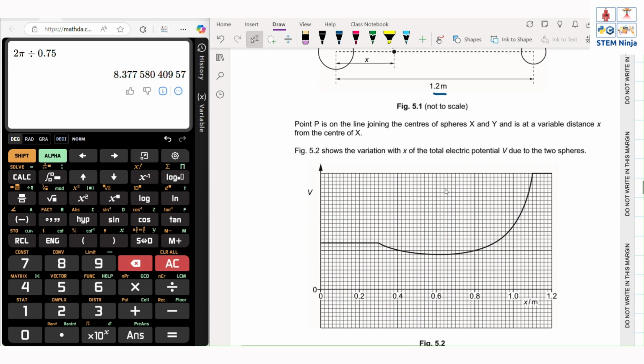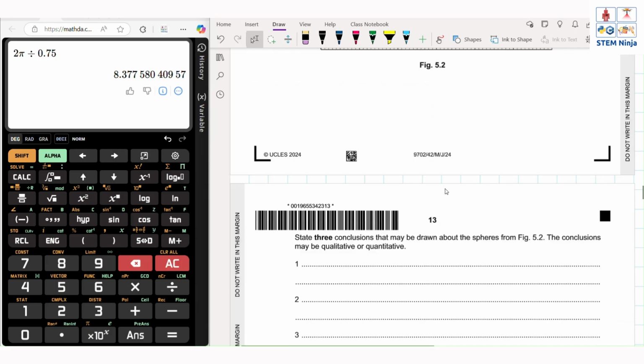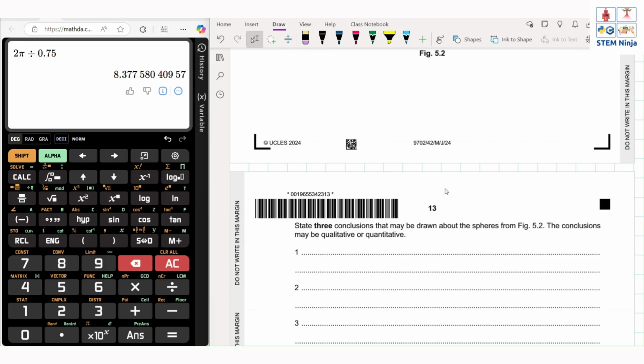Now, if the potential is on the same side of the x-axis, that means on top of the x-axis, both charges are positive charges. State three conclusions that may be drawn about this field. The conclusions may be qualitative or quantitative.